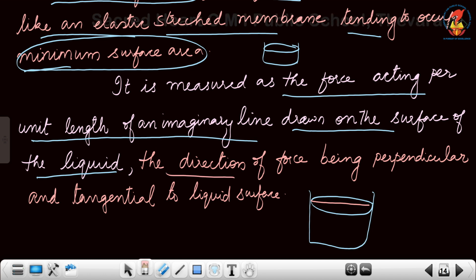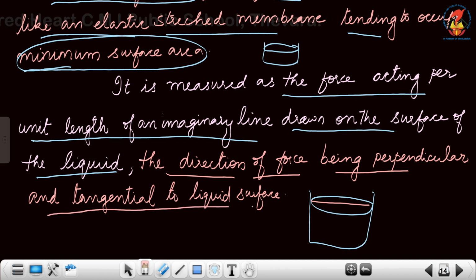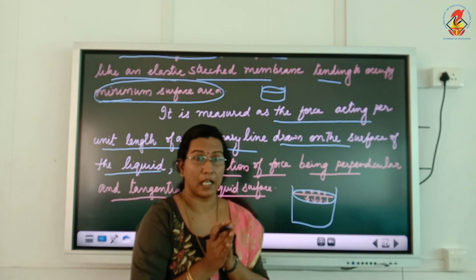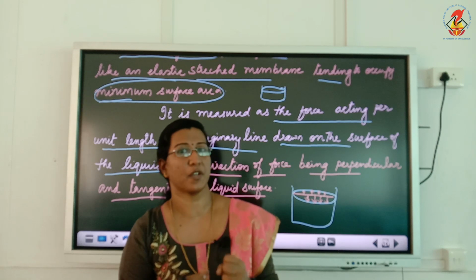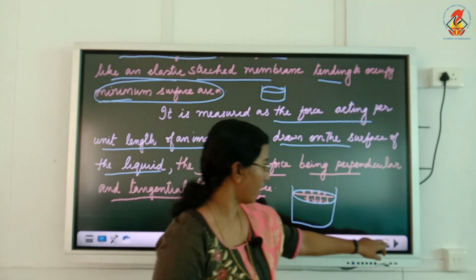The direction of force is perpendicular to the line and tangential to the liquid surface. So this force acts in both directions and tries to stretch the surface of the liquid like an elastic membrane.